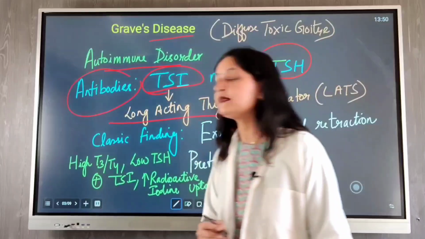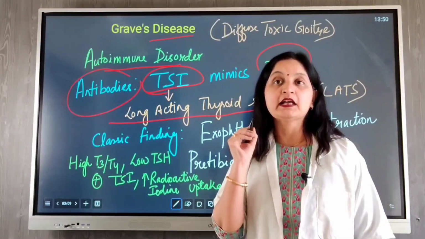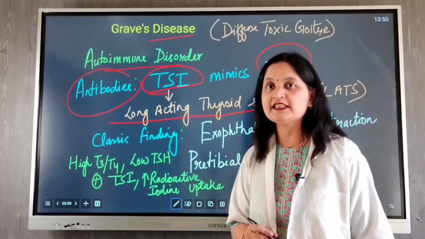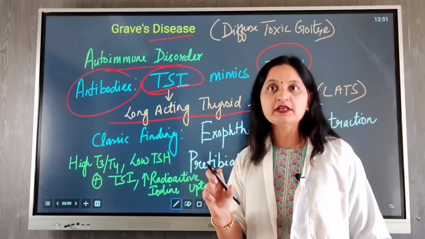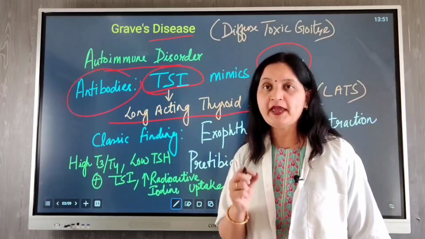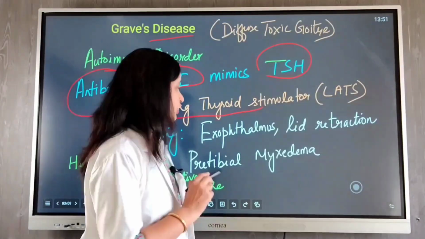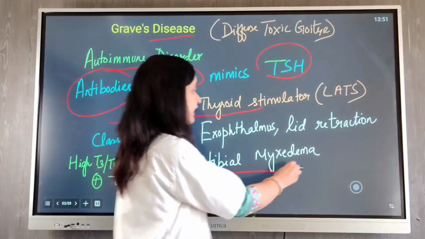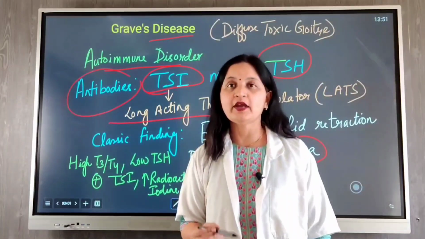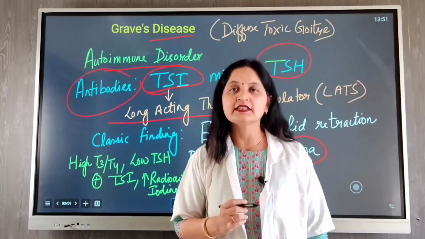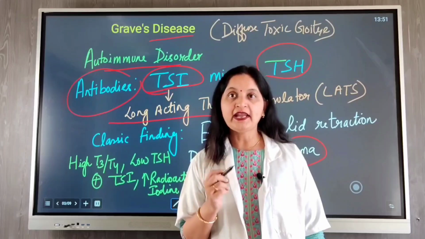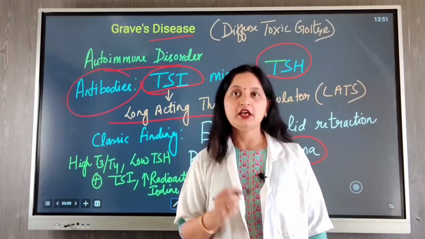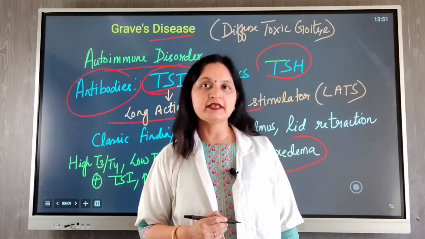So, this causes symptoms of hyperthyroidism, but the classic findings of Graves' disease are exophthalmos or lid retraction, periorbital edema, and also pretibial myxedema, where there is a localized thickening of the skin on the shin. So red thickened skin on the shin, which is known as pretibial myxedema.